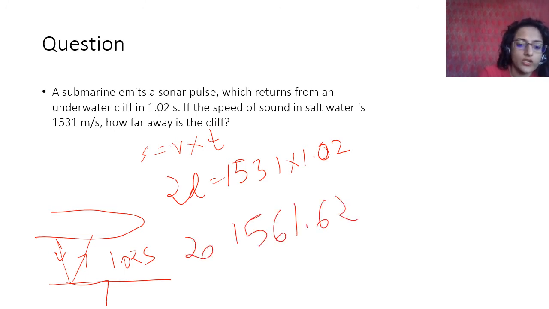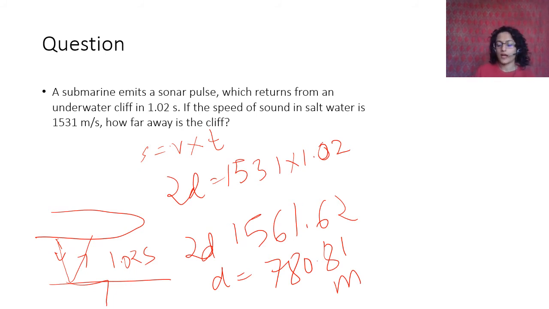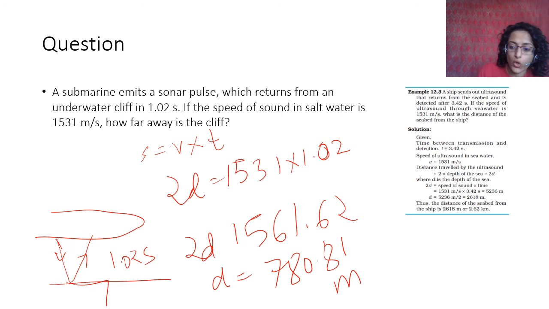This is 2d. So d is equal to this divided by 2, which is 780.81 meter. Okay, understood?